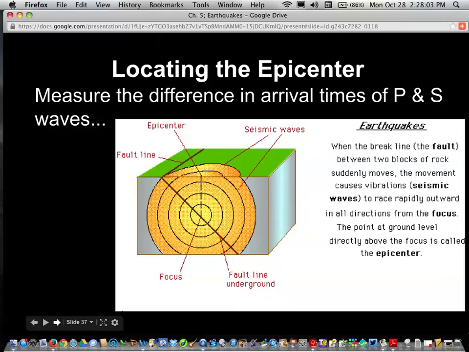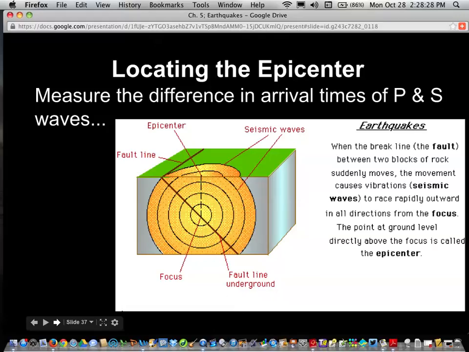Well, locating the epicenter is actually fairly easy. You measure the difference in arrival times of the P and S waves. So there's the focus down in the middle, down on the ground, right along the fault line. If you travel straight upwards, you'll get to the epicenter. And from the epicenter, the seismic waves radiate out in concentric circles.